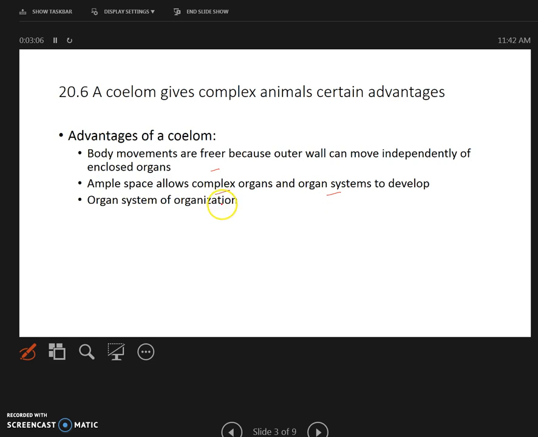And of course now we have organ system of organization. In other words, don't forget, we start from cells, we form tissues, we form organs, and organs are organized to form systems. So in the higher forms, we have organ system of organization. That's what it's trying to tell you.